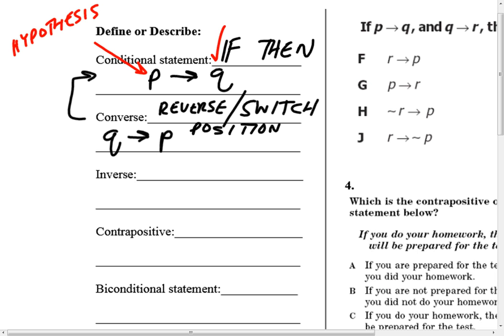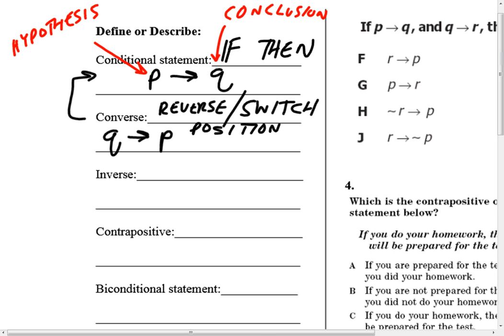Hypothesis and this part? Conclusion. Just some technical vocabulary. The reviews that I go over are the real basics. Enough to get you that hopefully 400 score on the SOL.